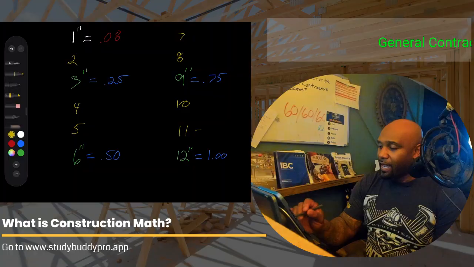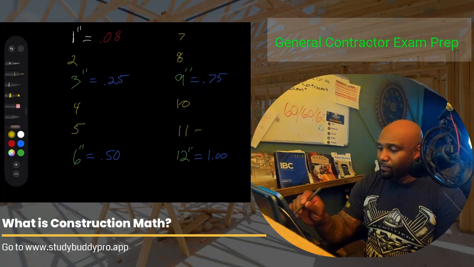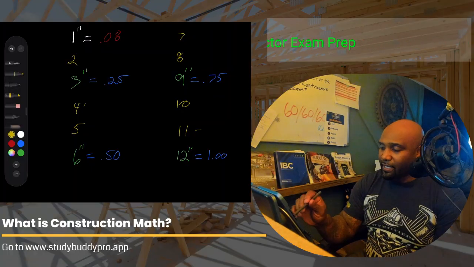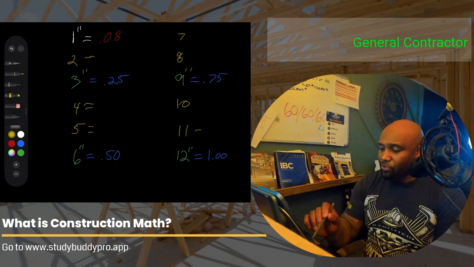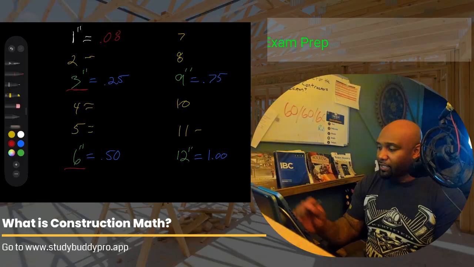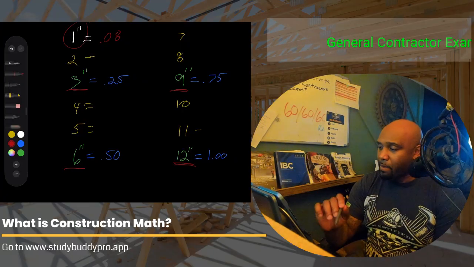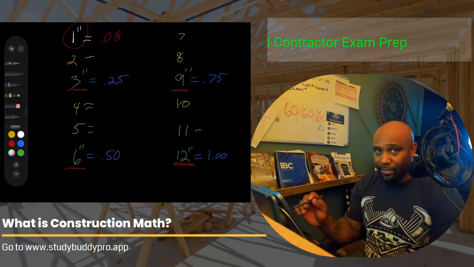All right. Now, just remember, your key indicators in this case are always going to be our 3, our 6, our 9, and our 12. And of course, you're going to remember the 1 is 0.08.